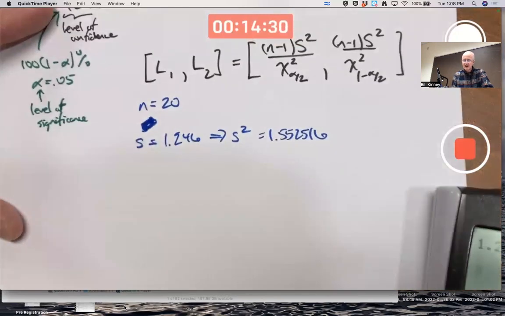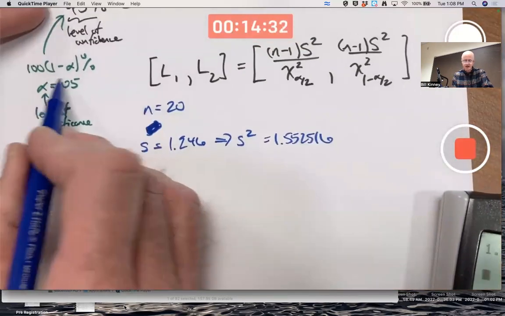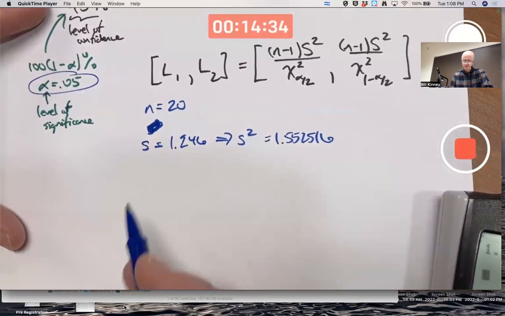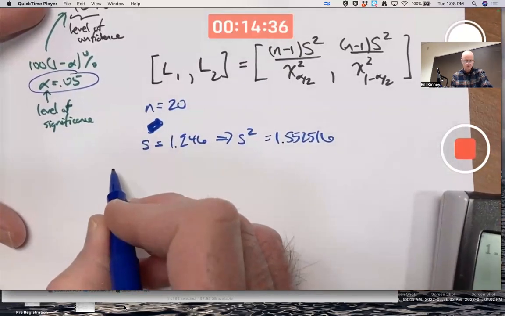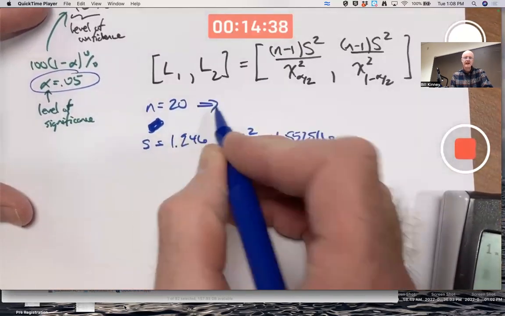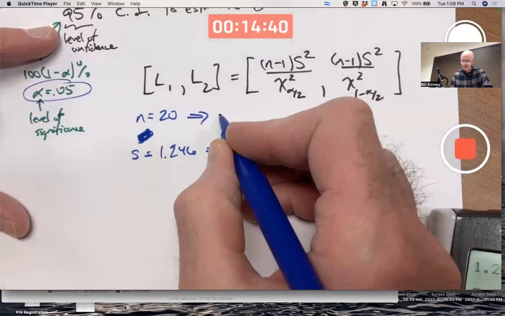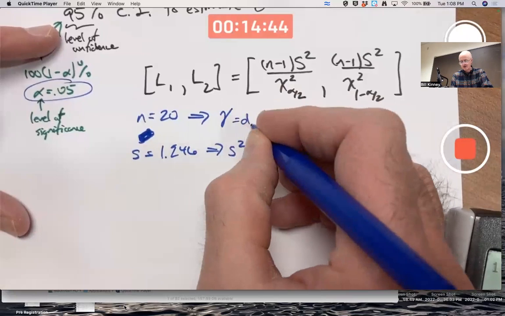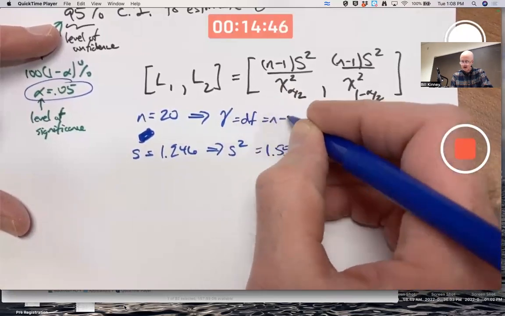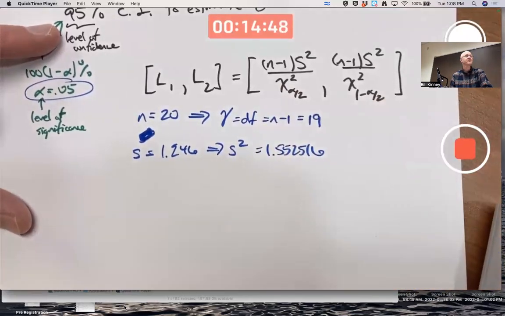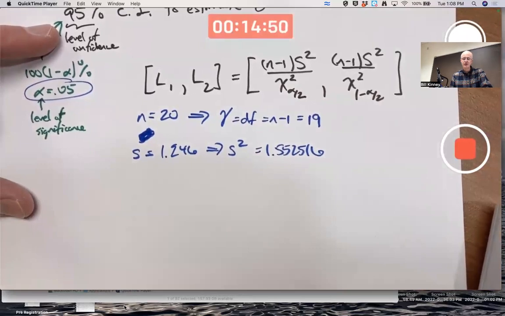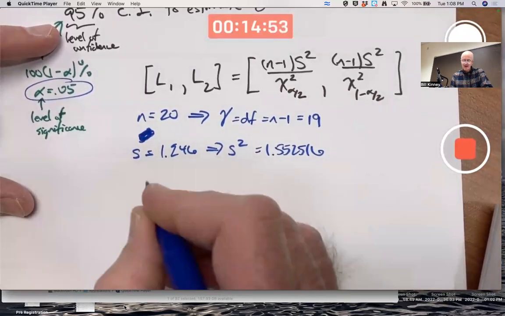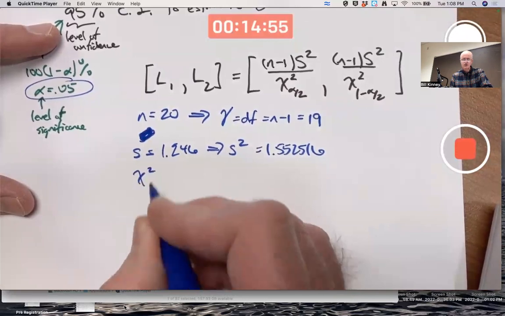And you figure out these chi-squared values using the level of significance and the degrees of freedom. N equals 20, so the degrees of freedom, lowercase gamma, which you could also write as just df, is n minus 1, which is 19. You've got 19 degrees of freedom. That affects the values of these chi-squared values here.